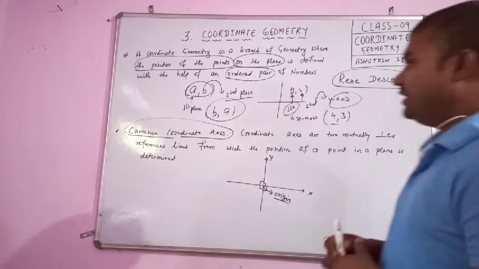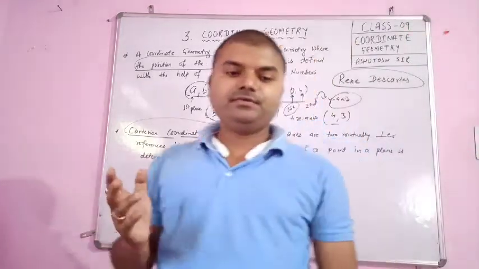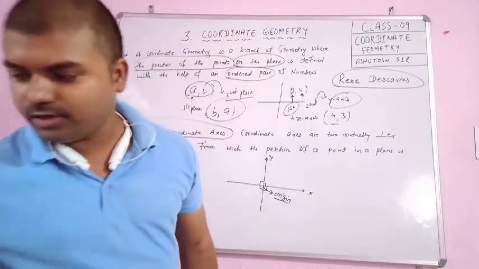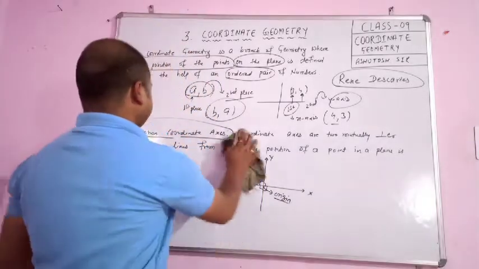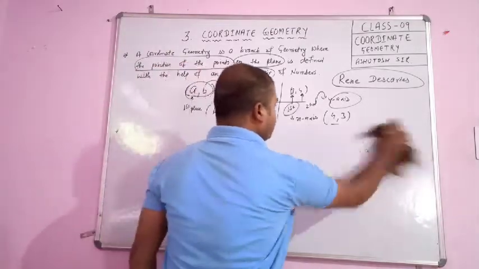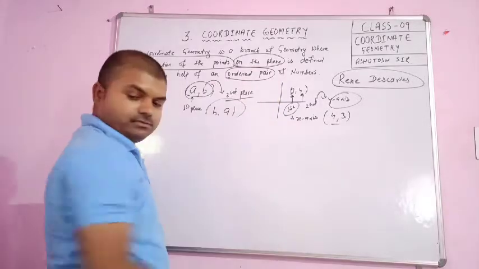Then after Cartesian coordinate axis, Cartesian plane. Let us see what the Cartesian plane is. In the definition we have already discussed the Cartesian plane. Let us see once again.